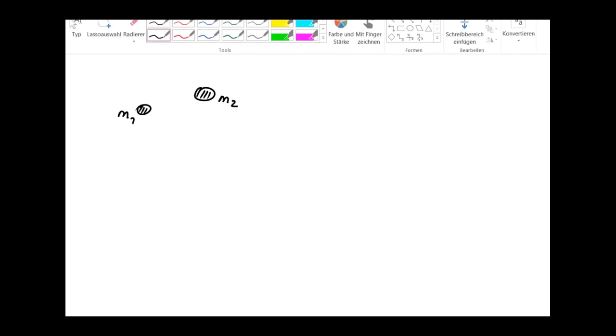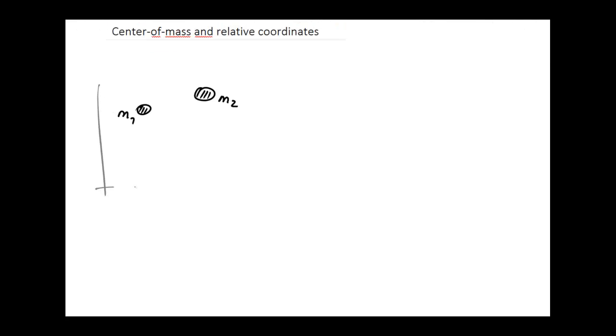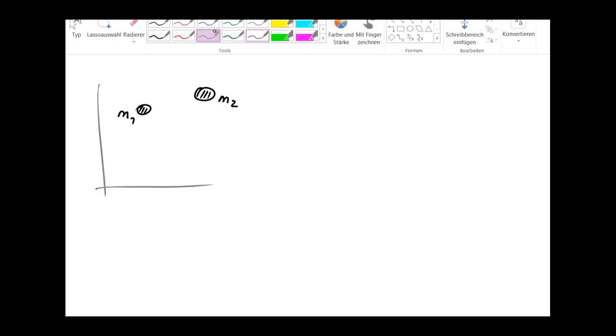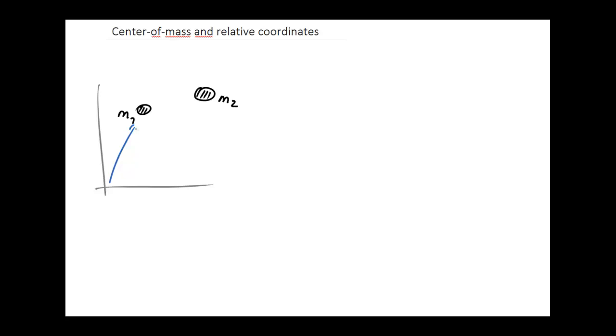This means the following. Let us recall the two bodies, M1 and M2, and our reference frame in space with the original coordinates R1 and R2.